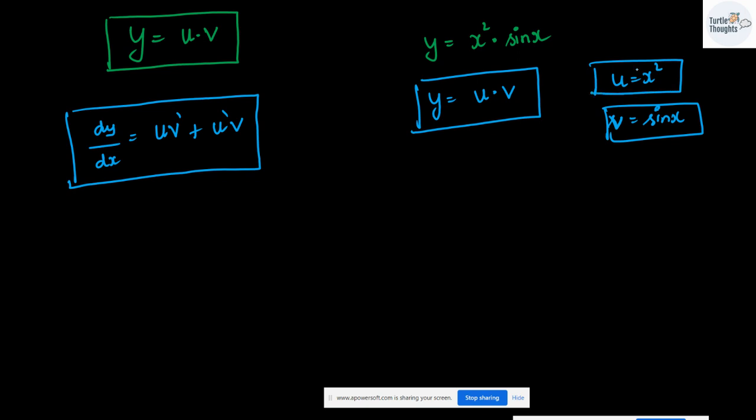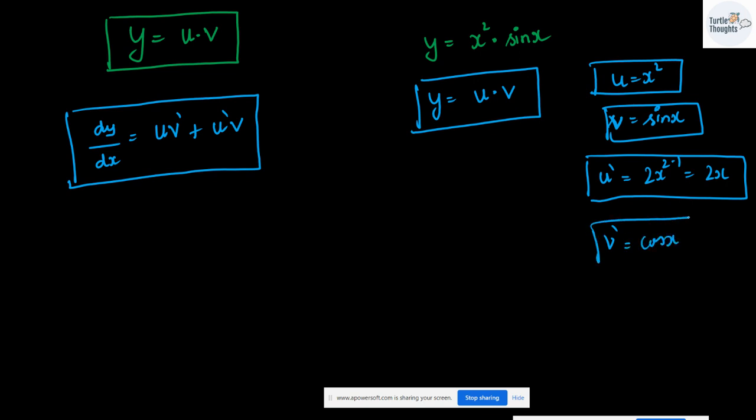If u is equal to x squared, u dash is going to be the differential of x squared. What is the differential of x squared? It is 2x^(2-1), it is going to be 2x. Similarly, v dash is going to be the differential of sine x, which is cos x.